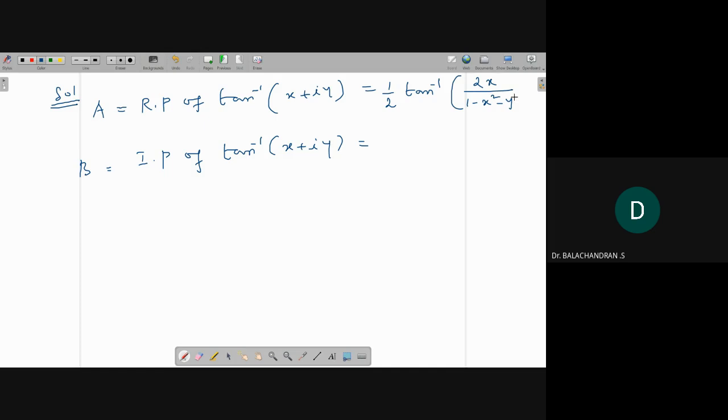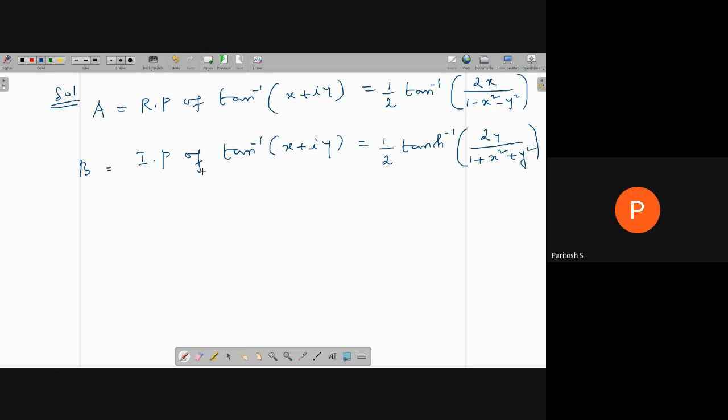Very good. So suppose this problem is asked in the university question paper or CA, first you need to derive that. Okay, what is b? Half tan h inverse of 2y upon 1 plus x square plus y square. Yes. Okay, thank you.